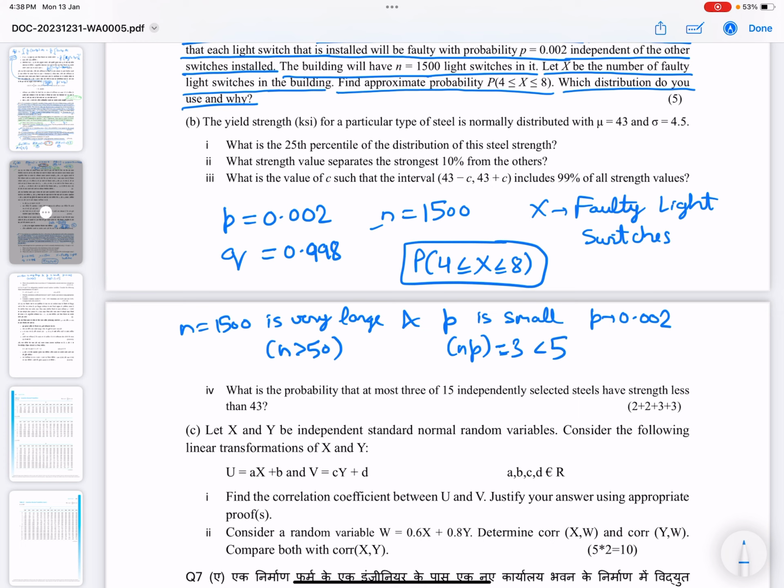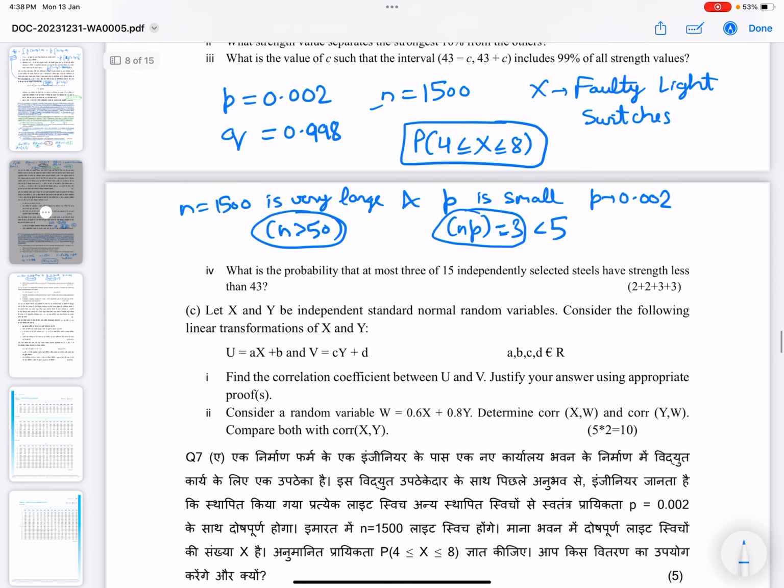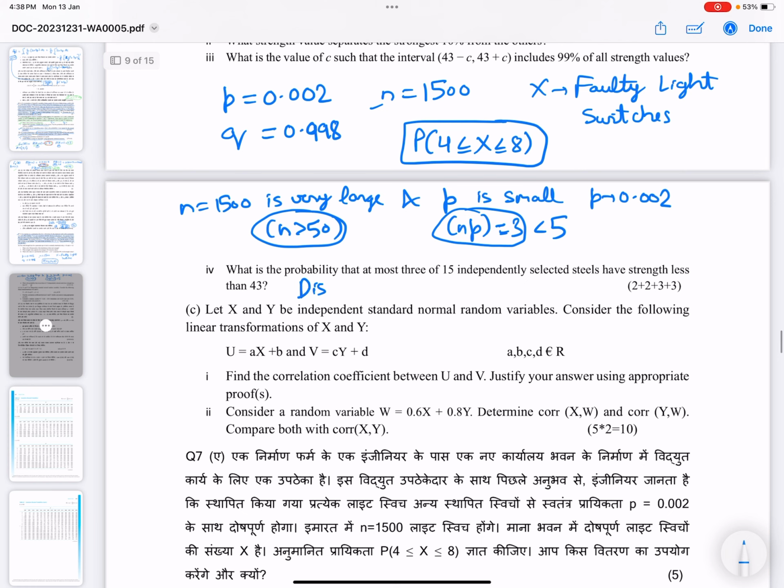So with n greater than 50 and np less than 5, the distribution of X can be approximated to a Poisson distribution with lambda equals n into p, which is equal to 3.